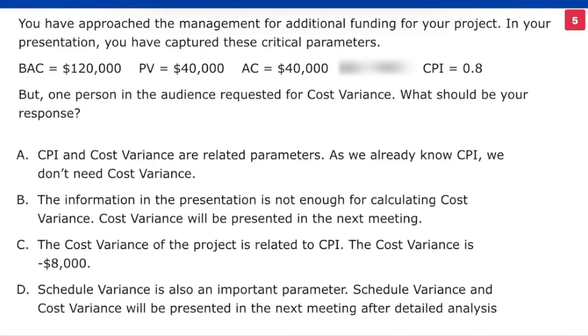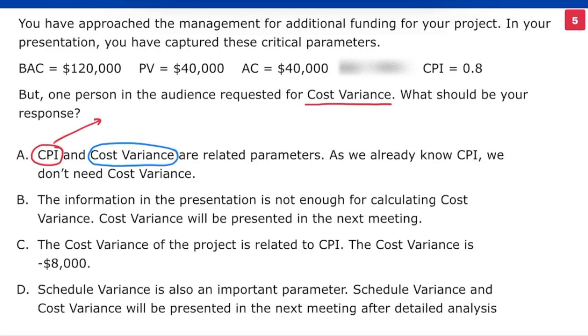The management wants to know the cost variance. Let's find the best response. We will start with option A. CPI and cost variance are related parameters. That's right. Both these parameters check the cost performance. We know the CPI, but does that mean we don't need the cost variance?